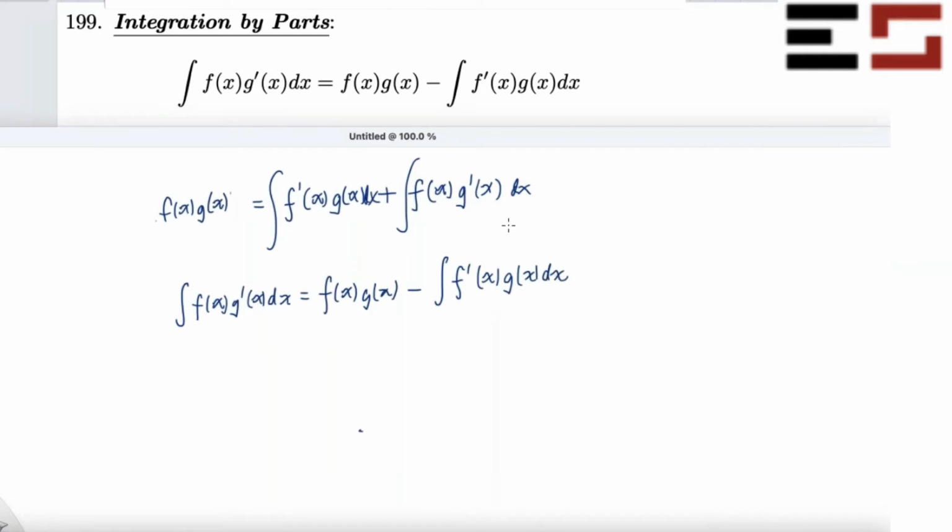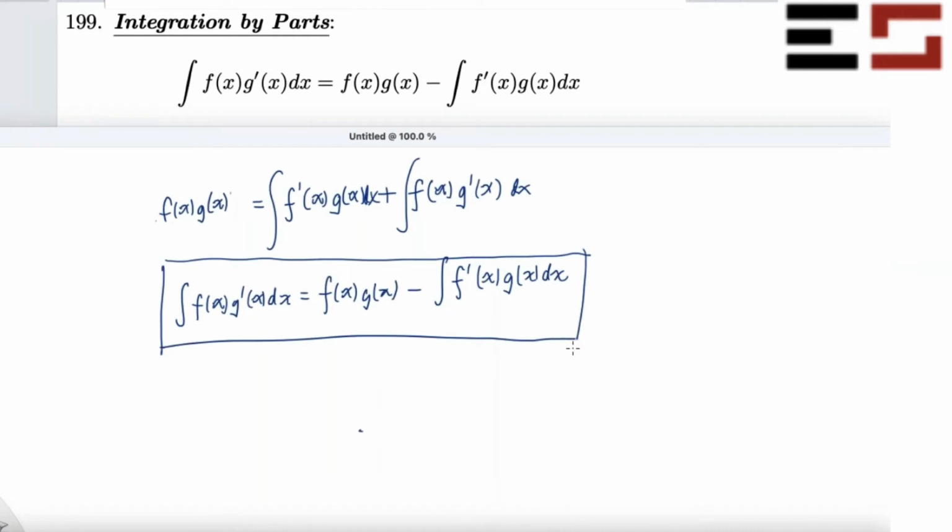So in case you forget this formula, you can quickly write the product rule for the derivative and then derive it. Just one step. And once you know this, you can use it to solve very many integration problems involving finding the integral of the product of two functions. Is that fine?